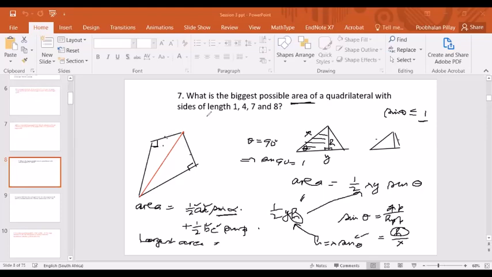So we need to have that a squared plus b squared equals c squared plus d squared, when we name these sides A, B, C, and D. Now that asks the question: can we choose A and B? If you square all these, 1 squared, 16, 49, 64, can you get the sum of these two squares equal to the same thing?